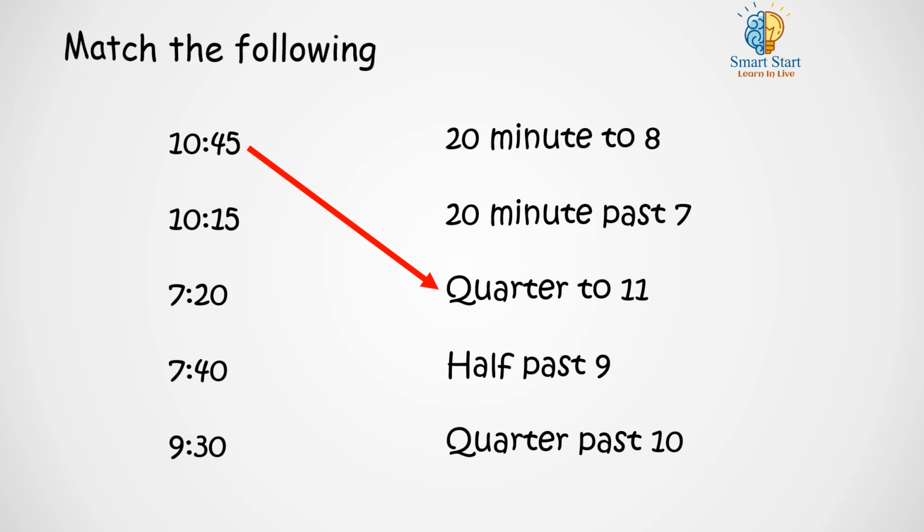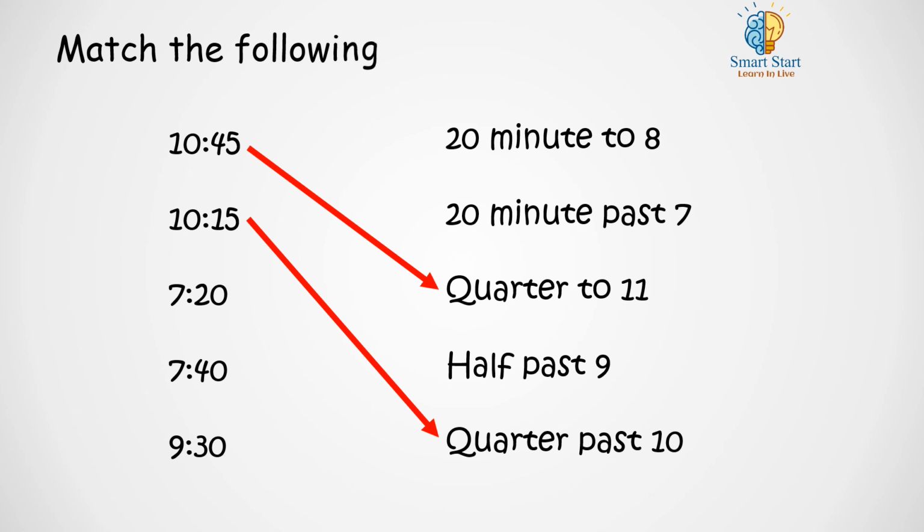Next, 10:15, that is the hour hand is on 10 and the minute hand is on 3. It means 15 minutes completed after 10. That means the minute hand is on the right hand side, that is quarter past 10.